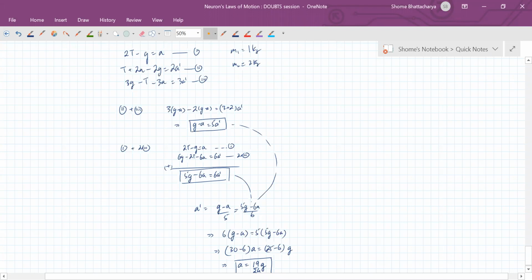Which equation will come a plus 6a prime? 1 plus twice of 3. Okay, let's see. So 2t minus g is this 6 minus, okay. We are getting 5g minus 6a.